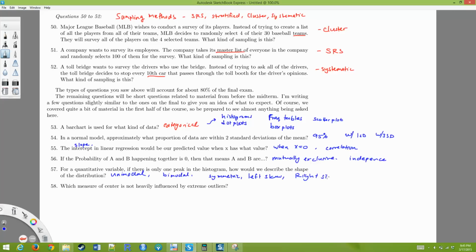So how would you describe symmetric? Symmetric means that values above the mean are equally common as values below the mean.